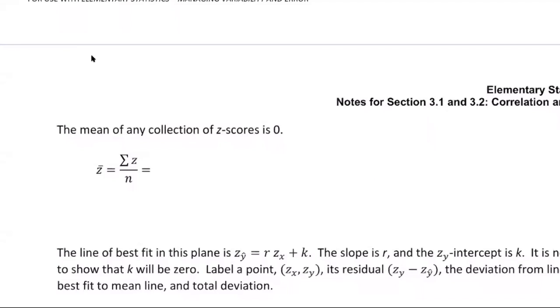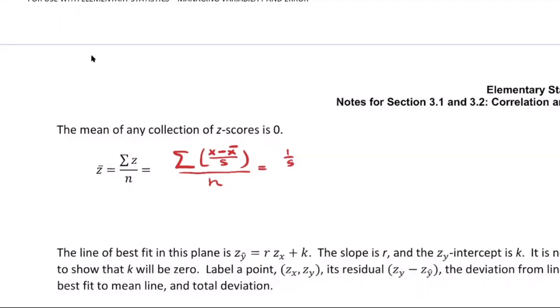So let's see here, it's the sum of z-scores, where z is x minus x bar over s, and we divide that by n. What I would do is bring the 1 over s, which is a constant, out.